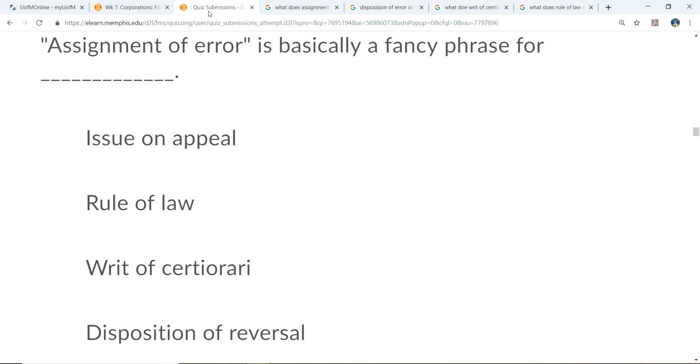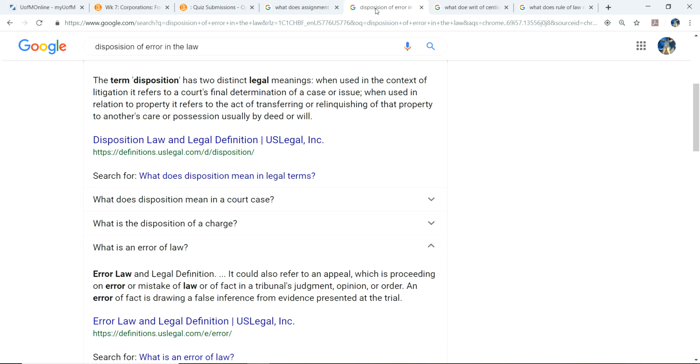And the last one here is disposition of reversal. I need to bring up that definition for you because it's actually a two-part definition. The first part: the term disposition has two distinct legal meanings when used in the context of litigation, or a court's final determination of a case or an issue.